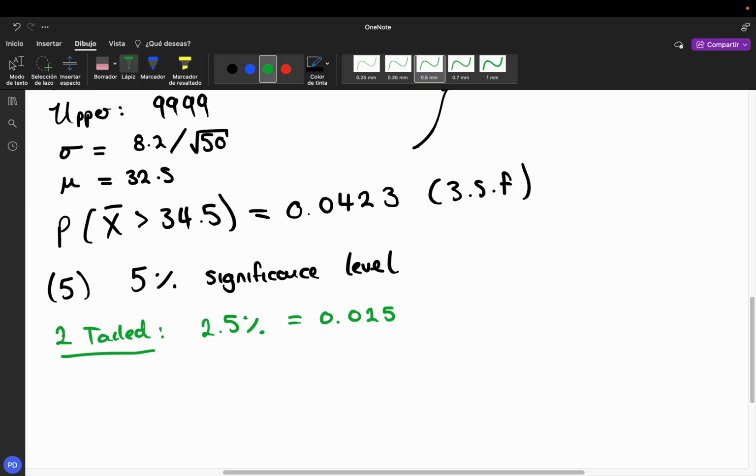The reason I'll come back to in a minute when I show you the difference between the one-tailed, but for now, just take it as if you see two-tailed or if you're doing a two-tailed test, look at your significance and half it, right?